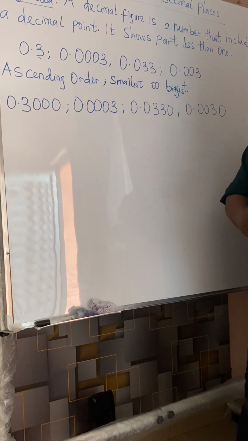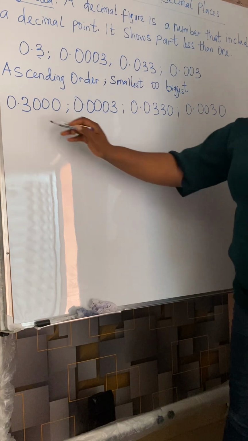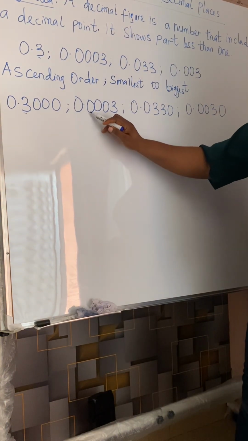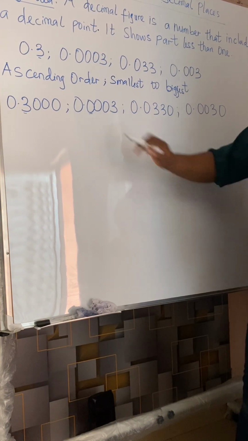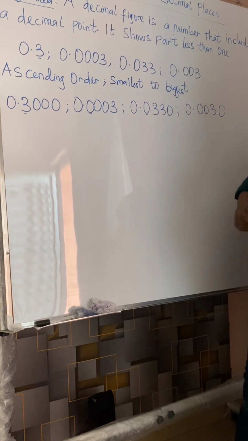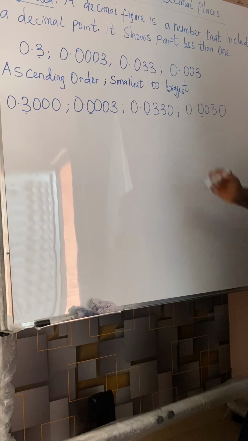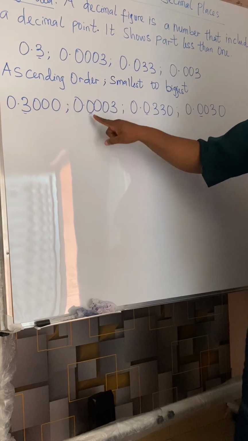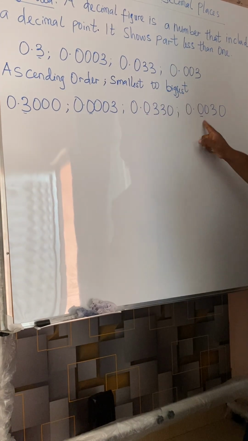If you notice here, the 10th position is 3. Look at this 10th. This one, there is no 10th, 0 here. This one, 0 for the 10th. This one, 0 for the 10th.